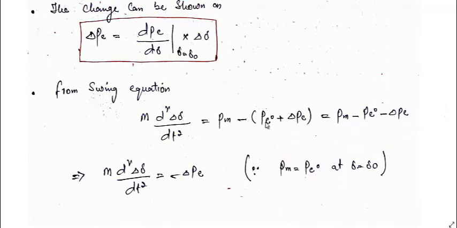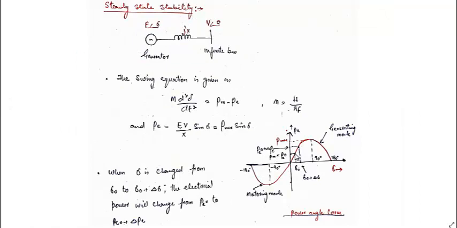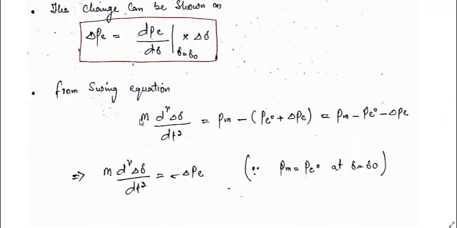So that is Pm minus Pe naught minus ΔPe. Since at the initial operating point Pe naught is equal to Pm, the mechanical power, there is no mismatch between mechanical and electrical power, and it operates in synchronism. So this term will cancel out, and M d²Δδ/dt² will be equal to minus ΔPe.